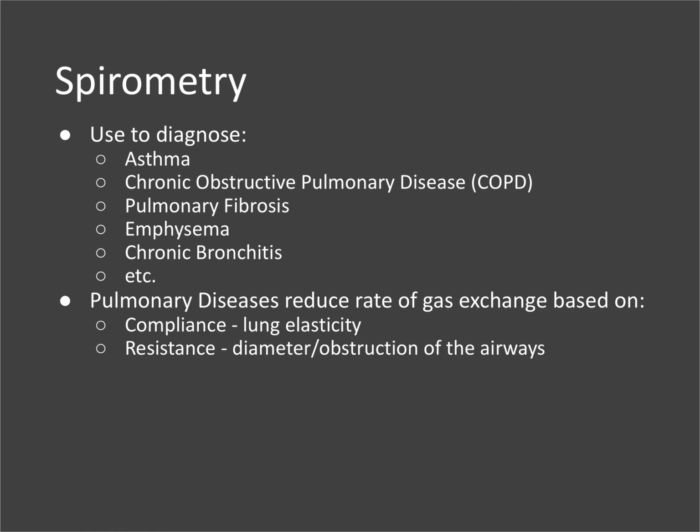And these pulmonary diseases can reduce the rate of gas exchange based on changes in either compliance or resistance. Compliance refers to lung elasticity, so how easily do the lungs stretch and rebound. Resistance refers to the diameter of the airways and whether or not there is an obstruction of the airways.